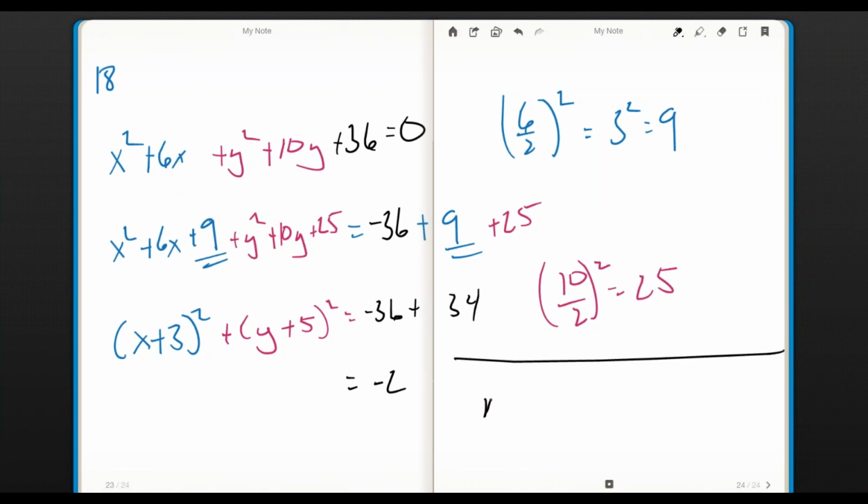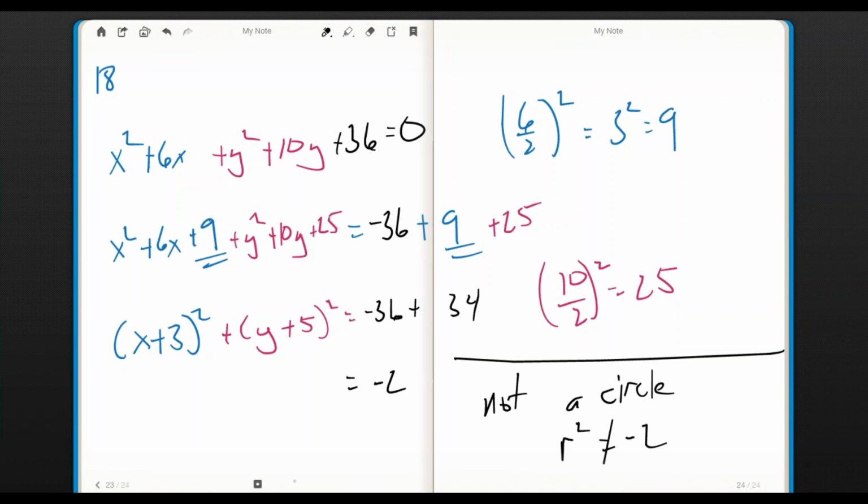This one is actually not a circle, and the reason is because the radius squared cannot be a negative 2. That clues me in that this equation will not make a circle. Now right now, you're not being asked what does it make, you're just being asked is it a circle or not, and the answer is no, it is not a circle. The reason is because the radius squared cannot be a negative 2.